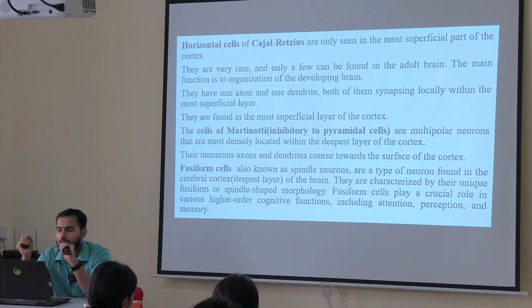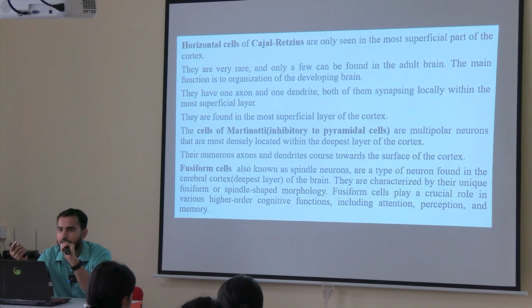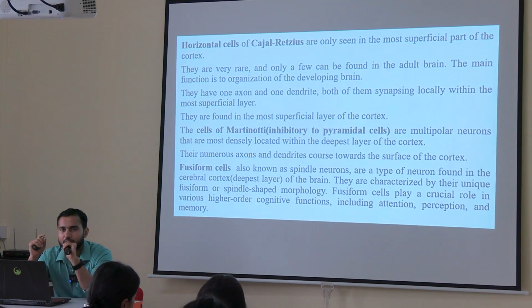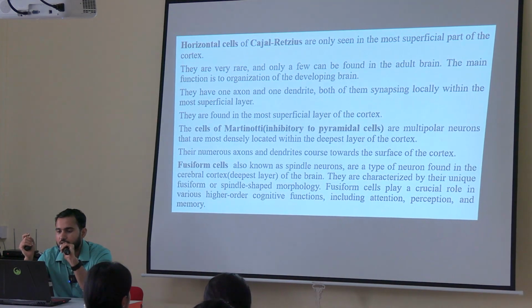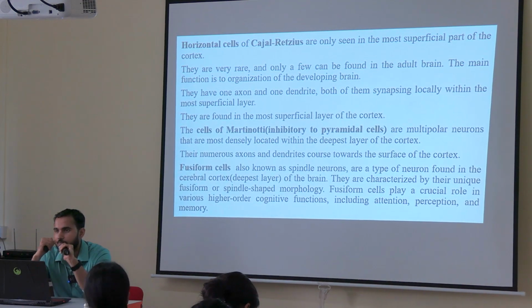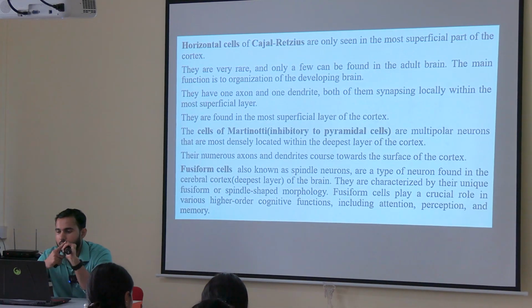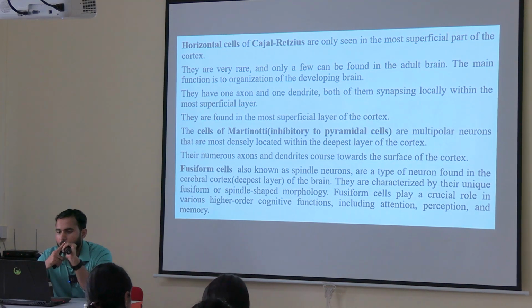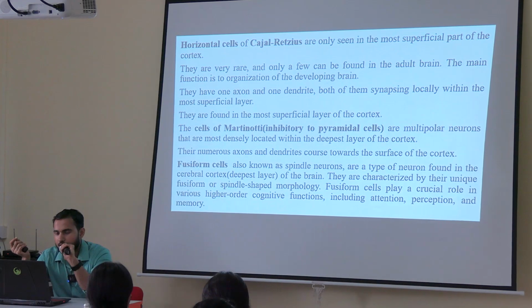Now they are very rare, and especially in the adult brain, the number of these horizontal cells is very less. The main function is the organization of the developing brain. And as I said, they are present in the superficial layer only.